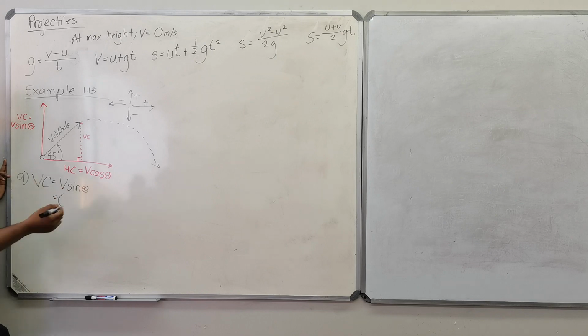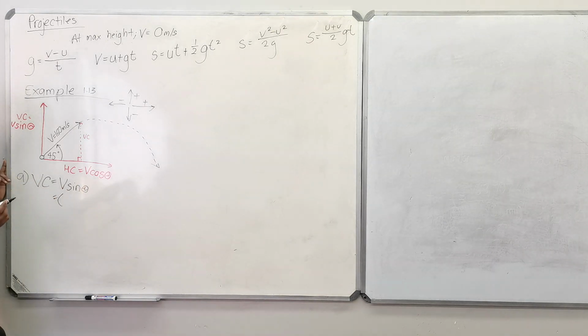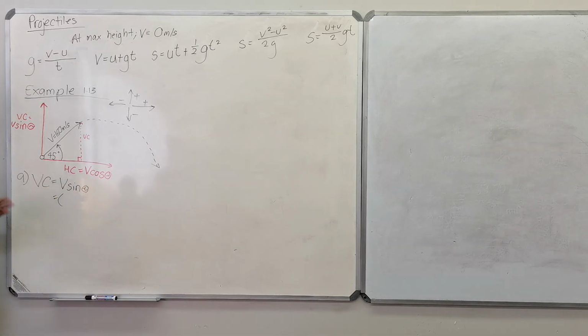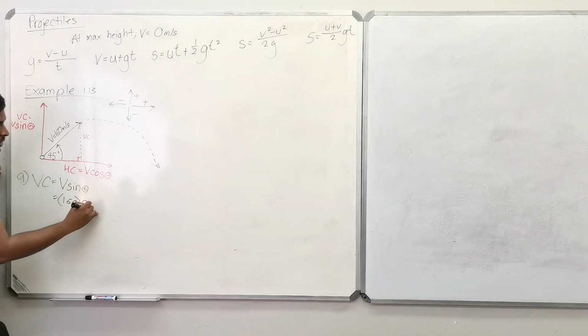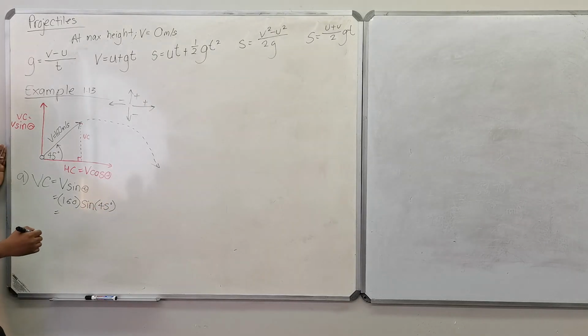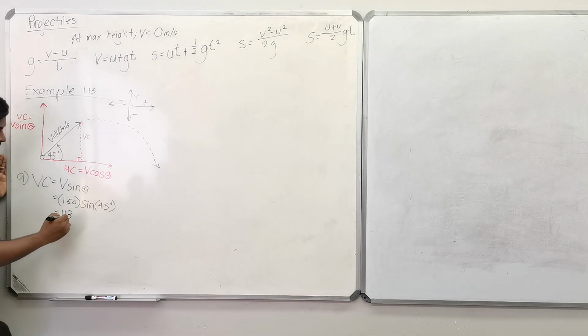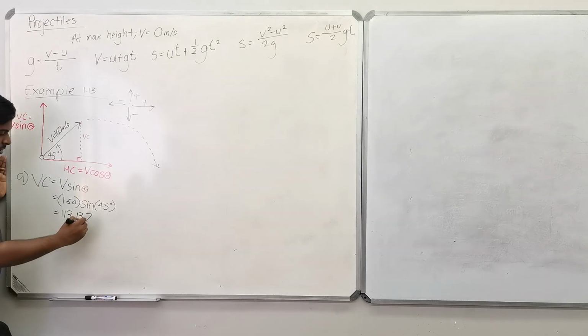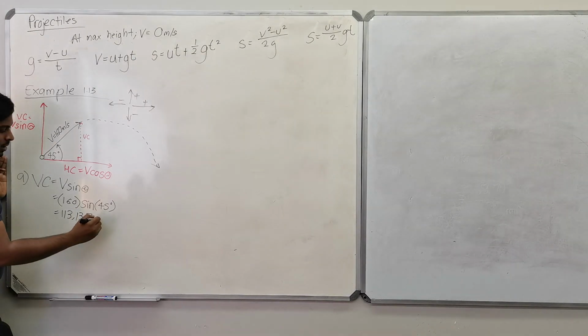The velocity will be what? Positive 160, right? Because remember when you break it up, it's moving northerly. 160 sine of 45. What did you get? 113.137 meters per second.